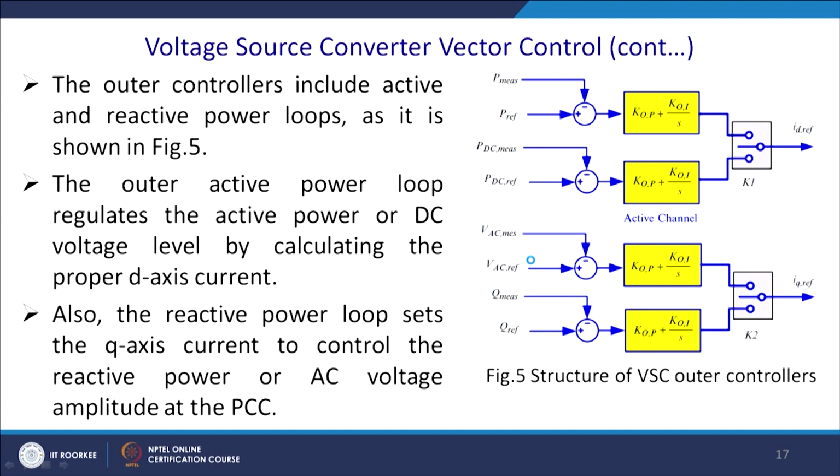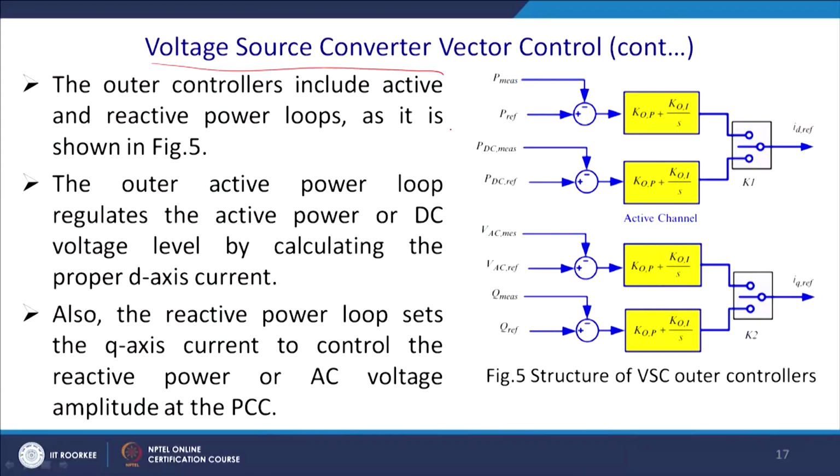Thereafter we need to talk about the voltage source converter control in detail, and that we will take up in the next class. I shall take the next class from this point, that is the voltage source converter control, and how it will control the voltages, the power, the AC mains problem, that is drooping, and also the reactive power control. Thank you for your attention.